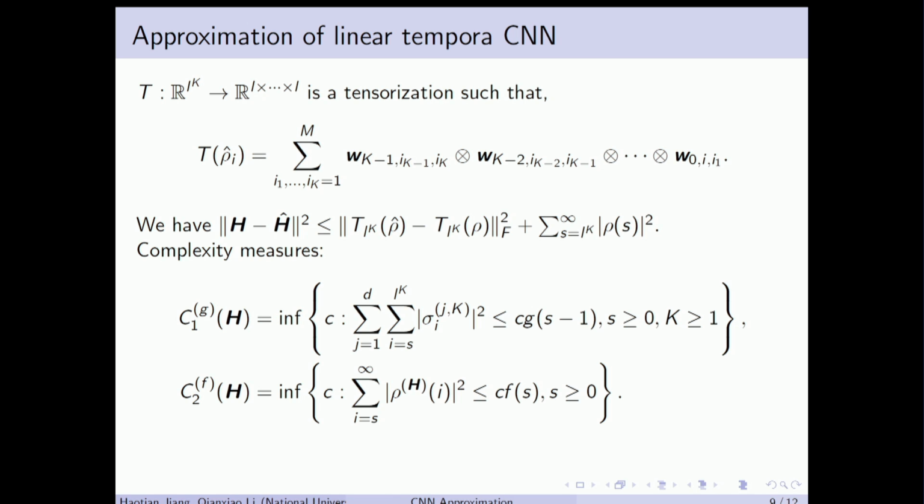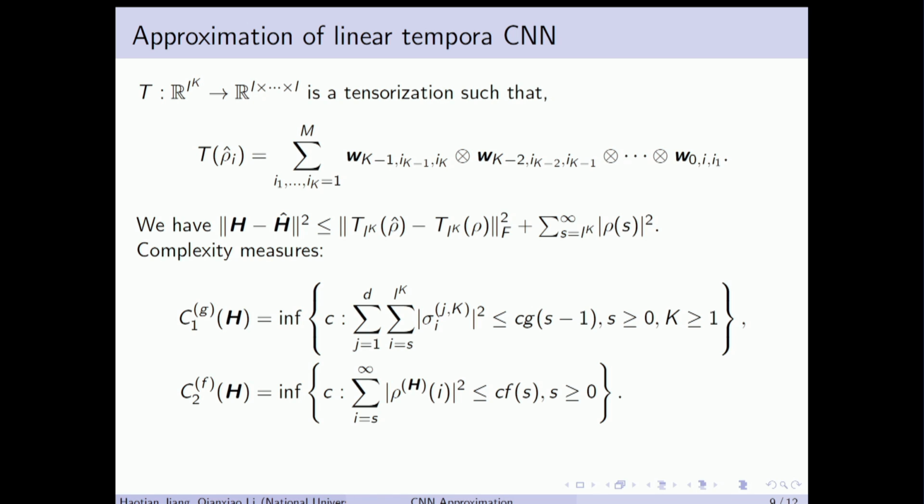The first one is for this part, and this sigma here is the singular values of this tensor through the higher order singular value decomposition, and g and f. The g here is a fixed decreasing function. It is used to measure the decay speed of the singular values, that is, the decay of the spectrum of the target.